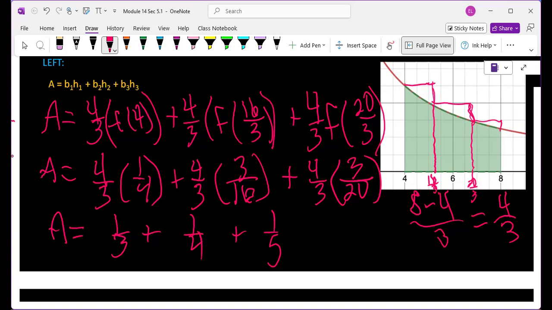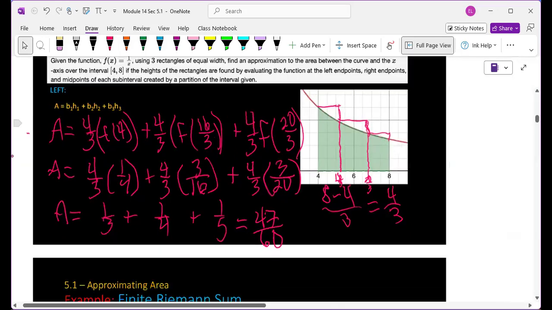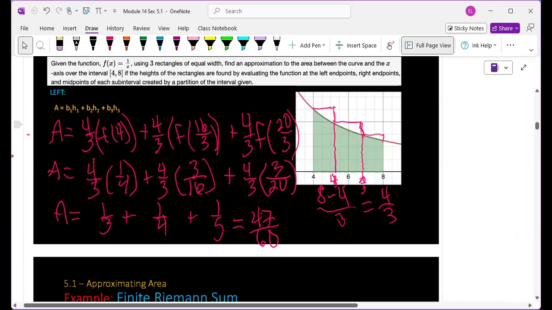Two and 15, 47/60. So we know the area between 4 and 8 under the curve is less than 47/60.